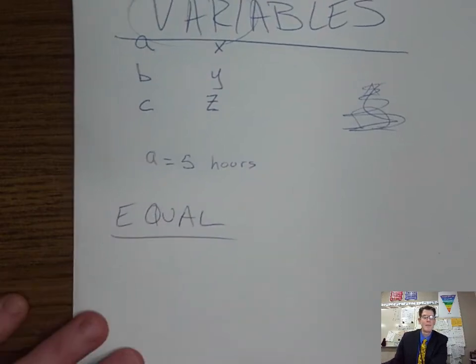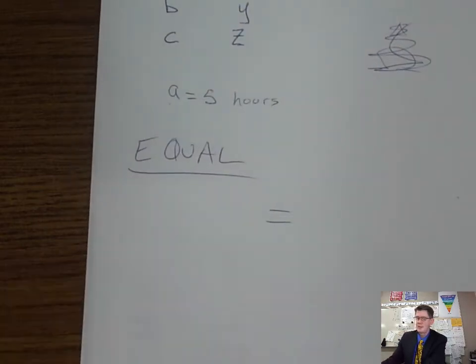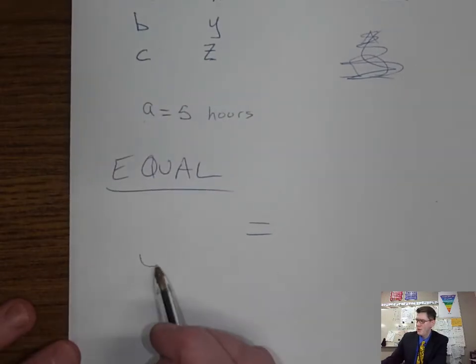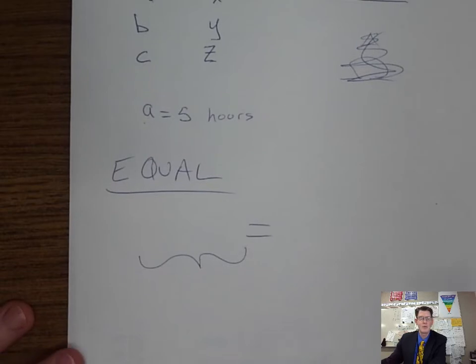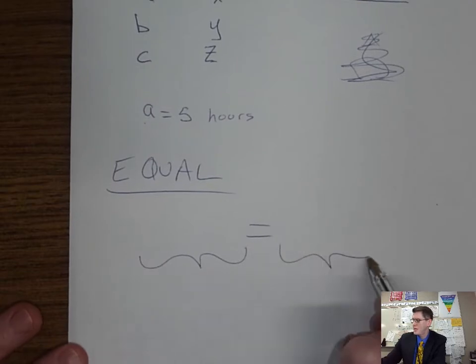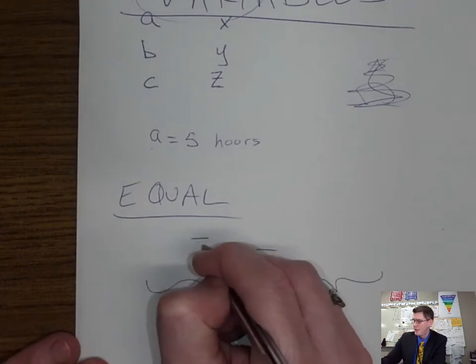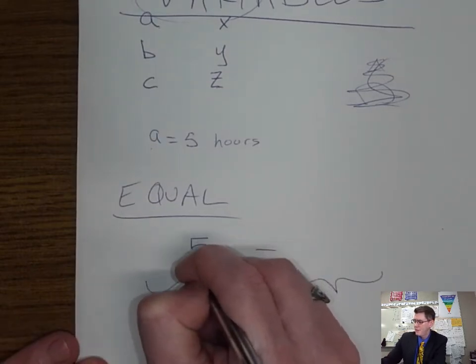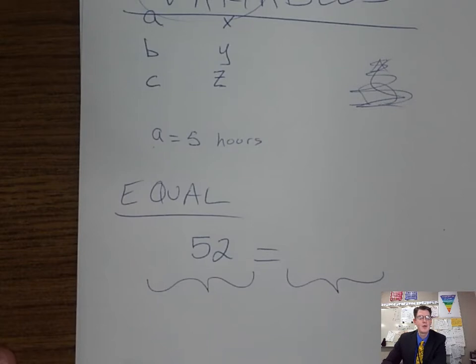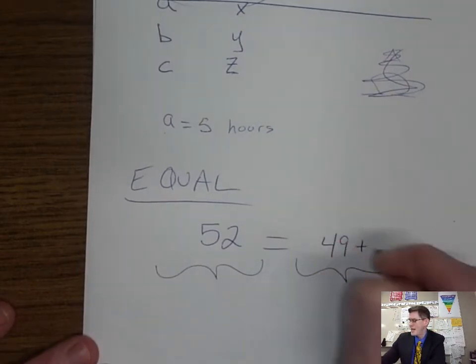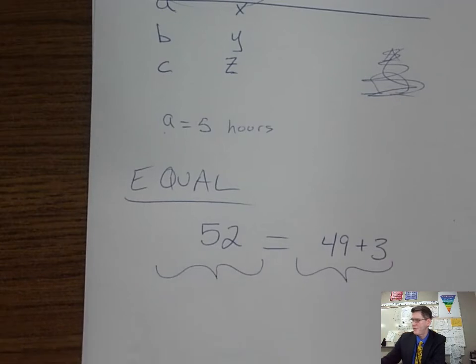Let's talk a little about this equal sign, okay? The equal sign means that whatever is on this side of the equal sign is exactly the same as whatever is on this side of the equal sign. For example, if I have 52 on this side, then I've got 49 plus 3 on that side.